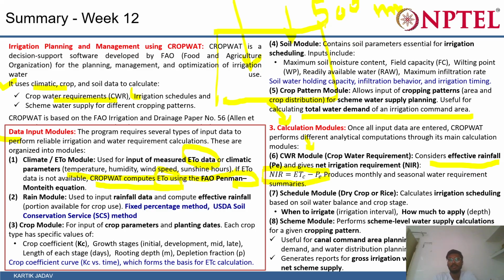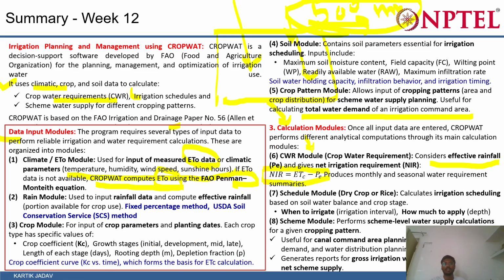And effective rainfall means this is water that is available after all the losses from deep percolation, runoff, and other losses like evaporation. This 500 mm water is available for crop use. And if you are growing crops like sugarcane or rice, they require much more water than this.